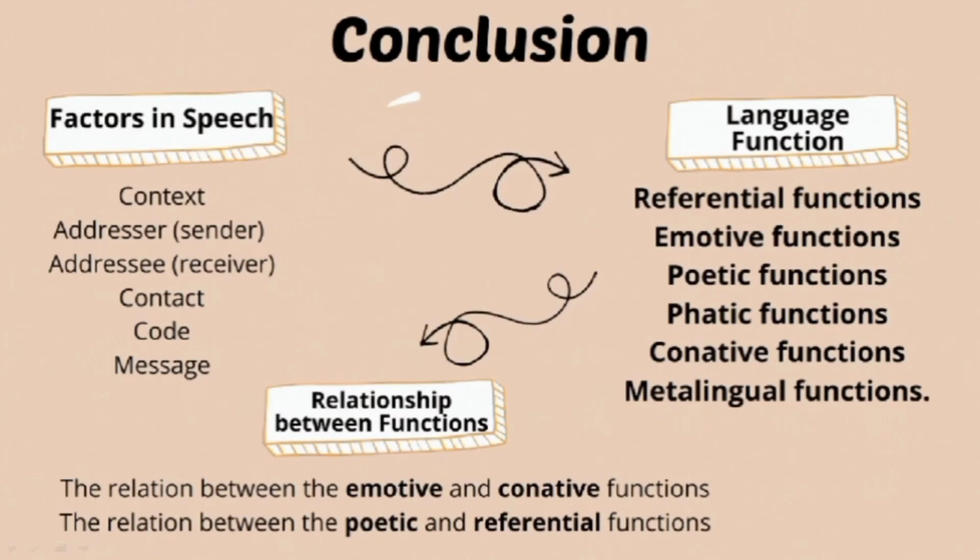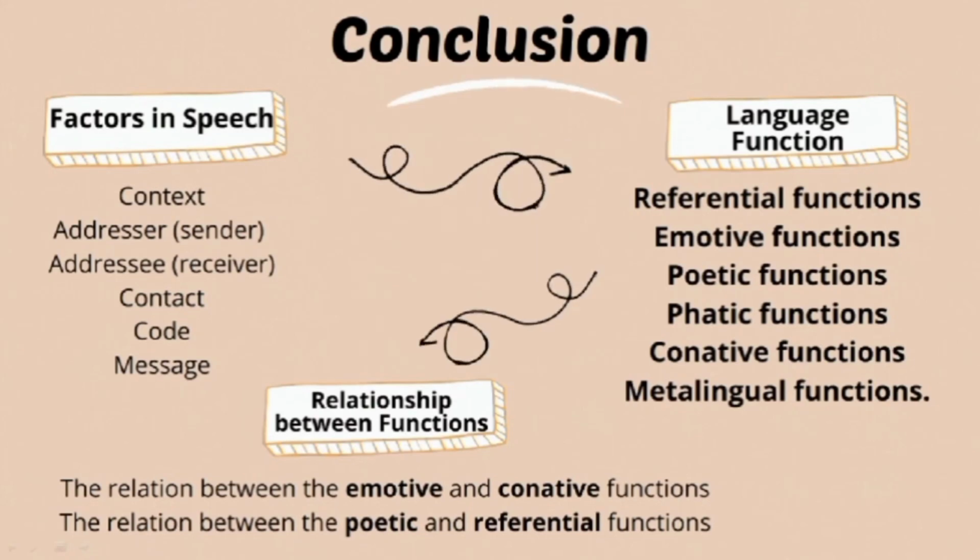Referential function is related to the meaning of the message conveyed in a specific context. The emotive function is closely related to the inner mood of the speaker of the message conveyed. The poetic function of language is the aesthetic of language, which allows the creation of the message. Phatic function aims to maintain communication between speakers. The conative function aims to cause a reaction in the listener.